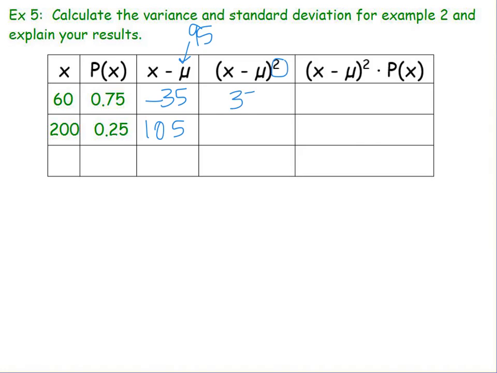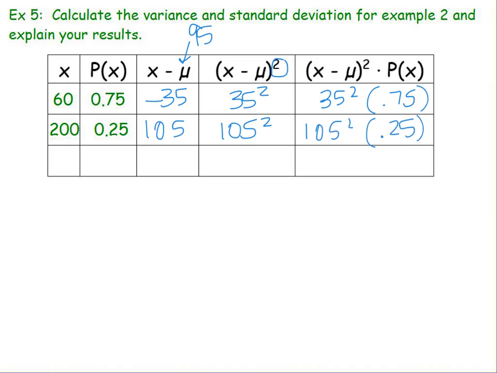So we now have 35 squared and 105 squared. Super easy. Now we're going to keep following the instructions at the top. We're going to take what we just found and multiply it by 0.75. And this one, 105 squared, times its probability, which is 0.25.